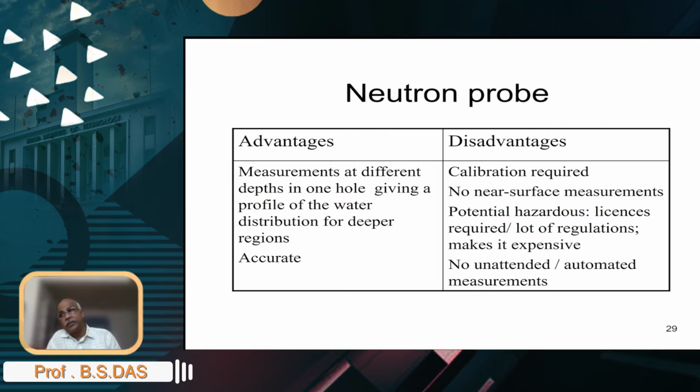Hazards, as I mentioned: the licensing necessary to use it and to move it from one location to the other, and you just cannot have a neutron source out there unattended. Automated measurement is not possible, because each time one has to physically go activate the neutron source and lower the probe from the shielded device.